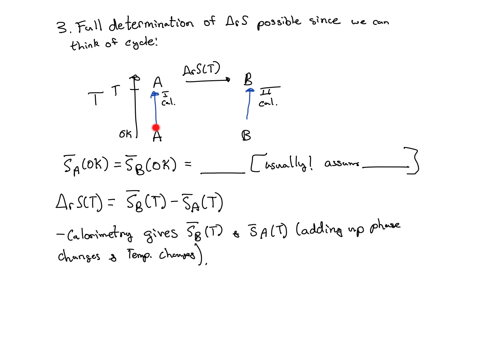Then I can use that calorimetry data to get the heat capacity, and use the heat capacity and the enthalpy of any phase changes to get the entropy of substance A at room temperature, because at 0 Kelvin, I know that these substances both have zero entropy.